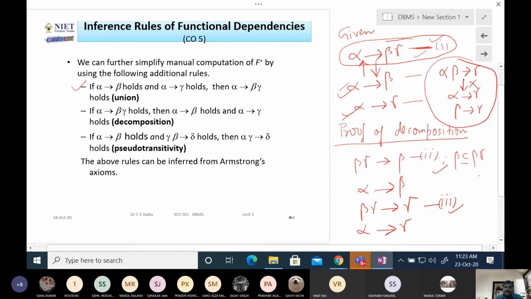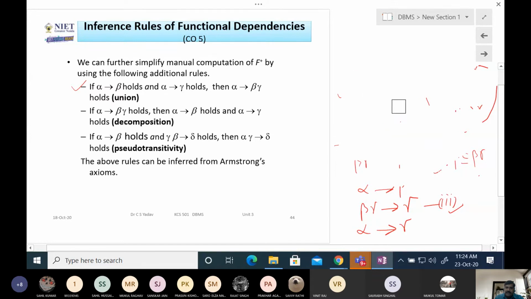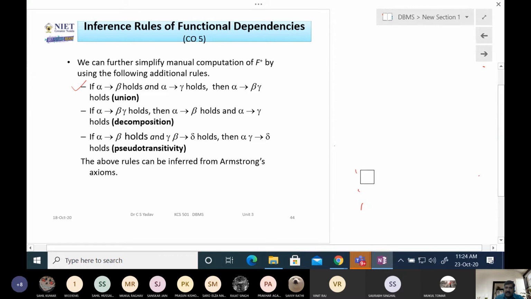Now, the pseudo transitivity rule. In the pseudo transitivity rule, if alpha determines beta holds and gamma beta determines delta, then alpha gamma determines delta. This is called the pseudo transitivity rule.